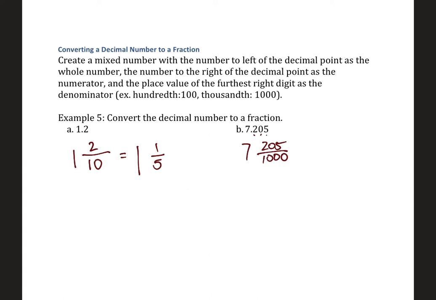And then I'll simplify this. I know anything that ends in 5 or 0 is divisible by 5. So I'm just going to try this. 205 divided by 5 is 41. So 7 and 41 over 1,000 divided by 5 is 200.